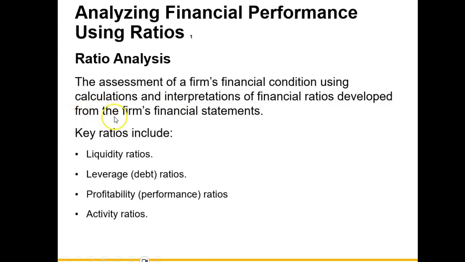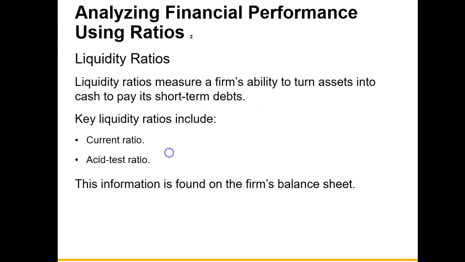And so what the ratios will focus on are liquidity, debt ratios, performance ratios, or activity ratios. So each of these ratios will tell us something about that business organization. I'll provide more detail about this. As a matter of fact, you have a course project coming up that will deal with some of these different types of financial ratios. But let's first talk about liquidity ratios.